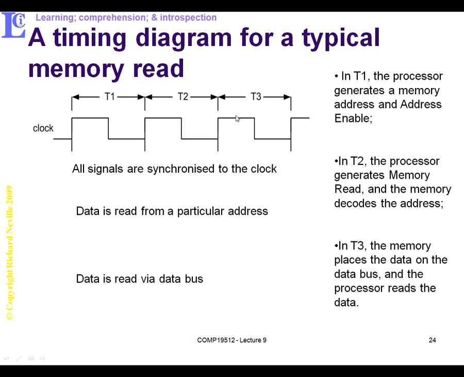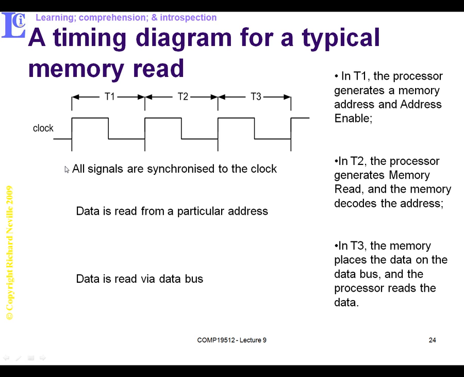Then T2, we're going to use that and generate a memory location once it's decoded with the specific address we've got in the first period. Then in the final period, if we're doing a memory read, we read back the data from the memory back to the processor. So it takes 3 cycles.